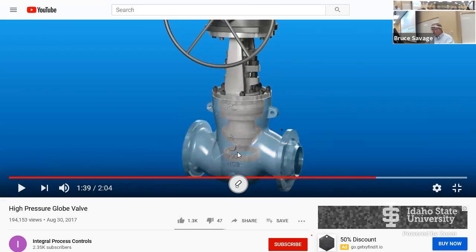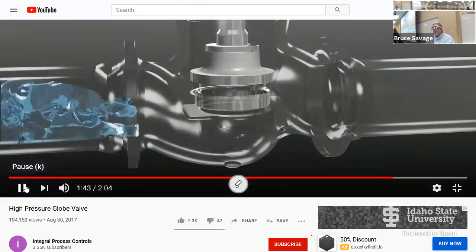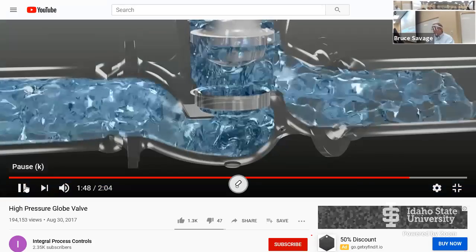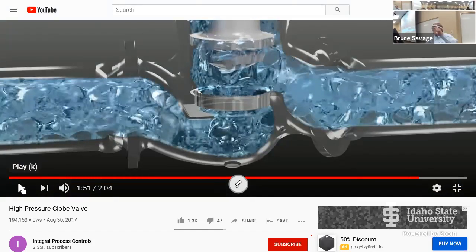It opens up, so now the water can come in and flow around that seat and out the other side. It is controlled by the opening that the stem makes as it moves up and down.